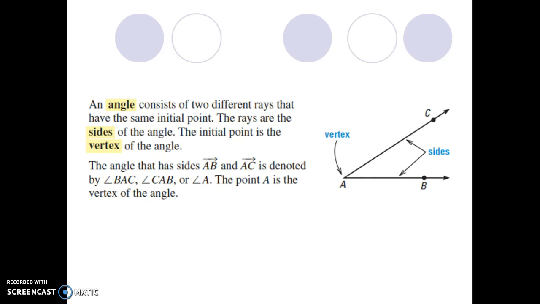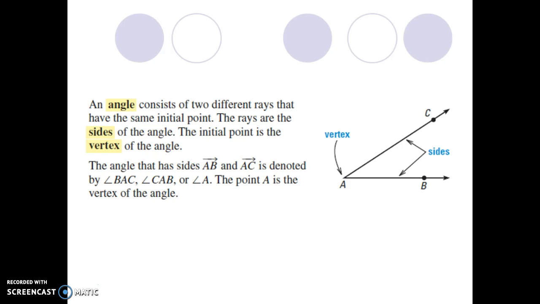For this angle, because it's by itself, we can just name it angle A, using the vertex to come up with that name. So angle A came from the fact that A is the vertex. However, sometimes we have multiple angles together in the same figure, and you won't be able to determine which one is angle A because there might be multiple ones with that same vertex.